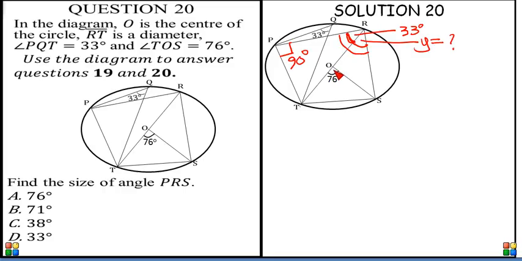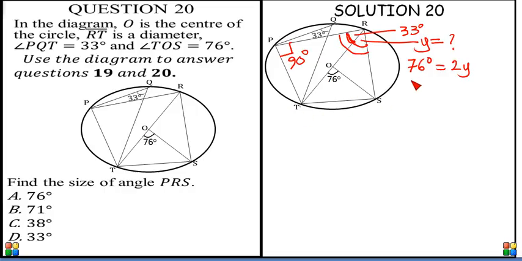There is a theorem that says angle subtended at the center doubles the one subtended at the circumference by the same arc. As a result of that, we can say 76 degrees angle subtended at the center by arc TS is equal to 2 times angle Y, angle subtended at the circumference by arc TS.